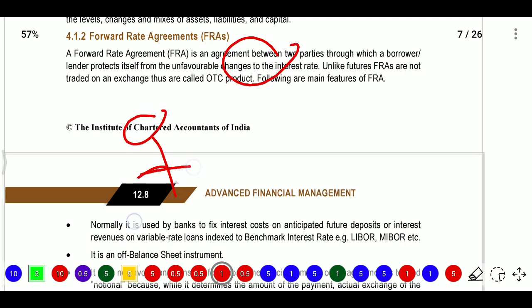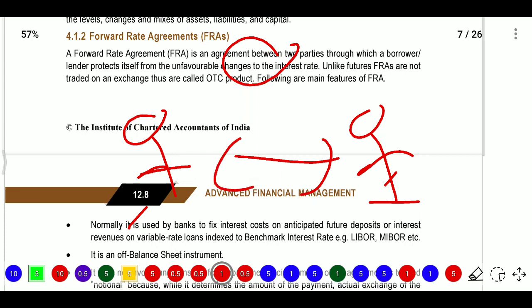One party is there and another party. Between these two parties there is one agreement where the borrower or lender protects itself from unfavorable changes in the interest rate. When interest rates are changing, to protect themselves they enter into this FRA. FRAs are not traded on any exchange, thus they are called OTC products.